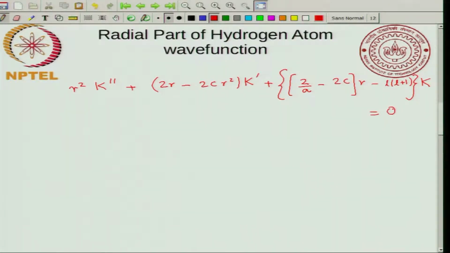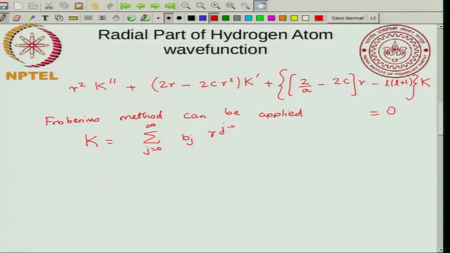So this is where you can apply the power series method. Again, you can verify that the Frobenius method can be applied. And if you apply the Frobenius method, what you will say is that k is equal to the sum over j equal to 0 to infinity of b of j r raised to j plus s.